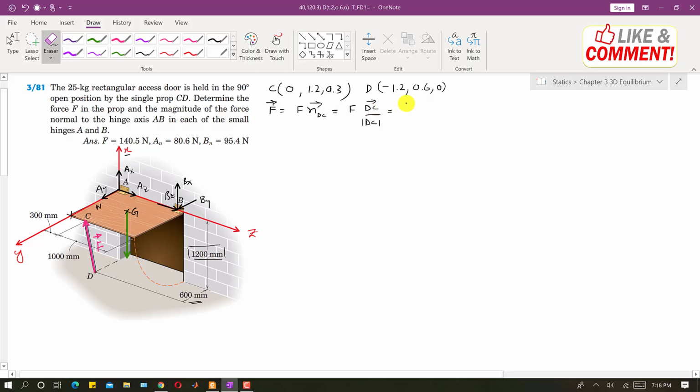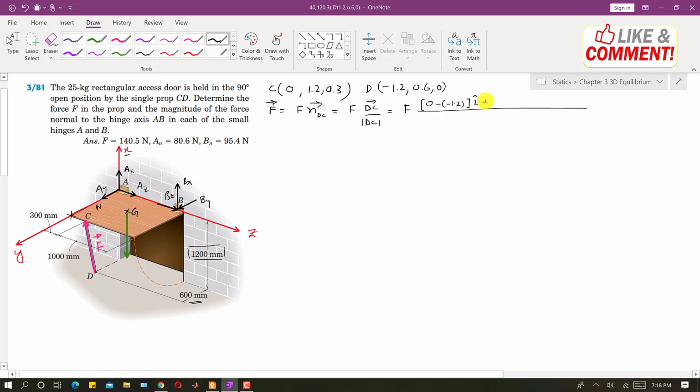So I will write F, and the DC vector will be: first we subtract the coordinates of D from C, so this will be 0 minus 1.2, and this will be along i.